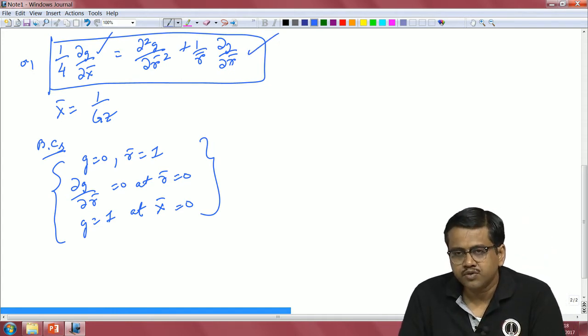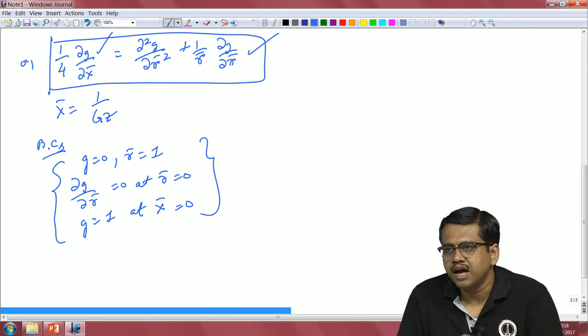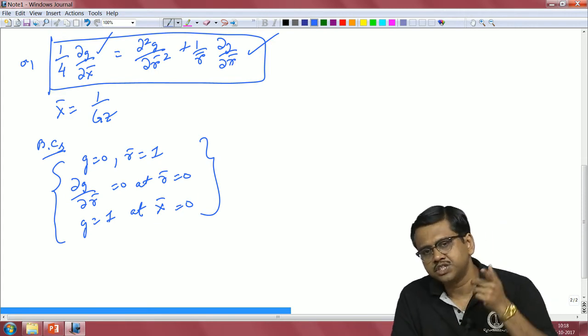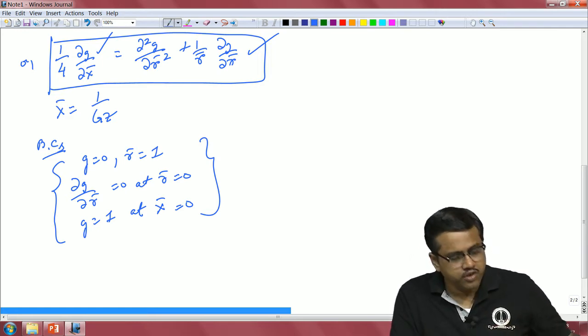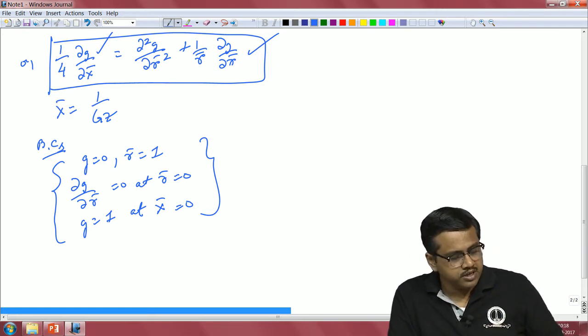Here the x bar is doubling up as your time. So, the axial length is basically what your time scale is all about. So, it is very equivalent, though the problem is not the same.